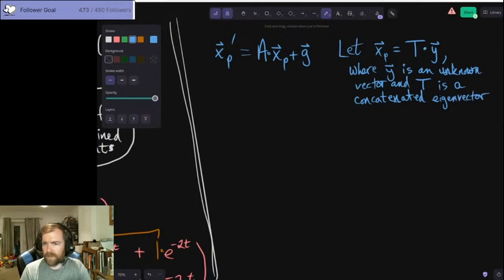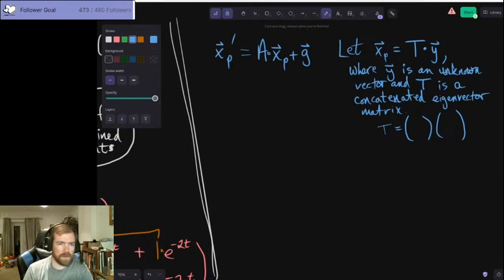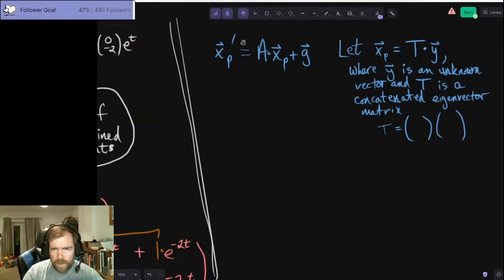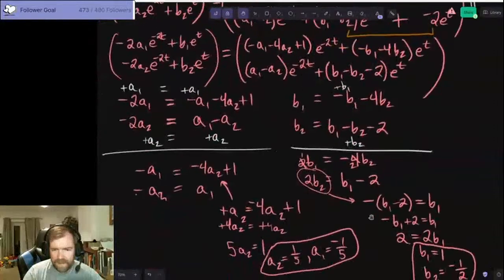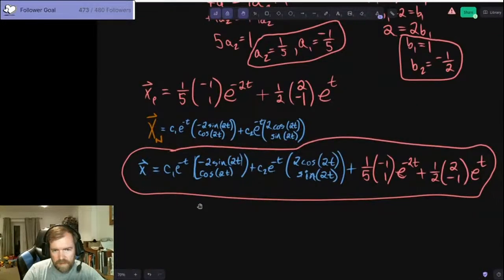You're talking about how T is built. Yeah. Okay. So in this particular case, T is just taking our two eigenvectors that we had, which were, let's see, we did, which way did we do it? It's down the bottom here.